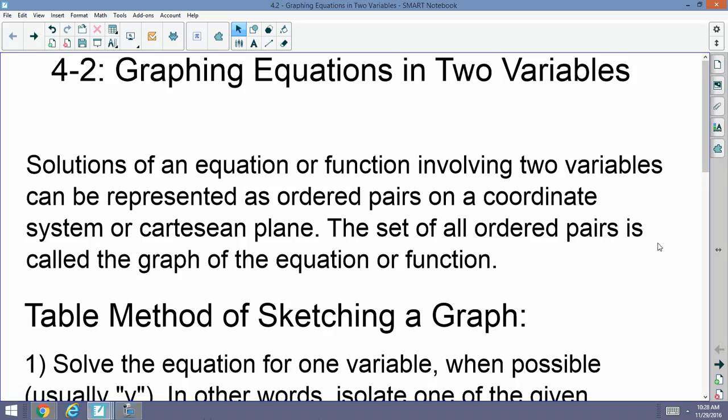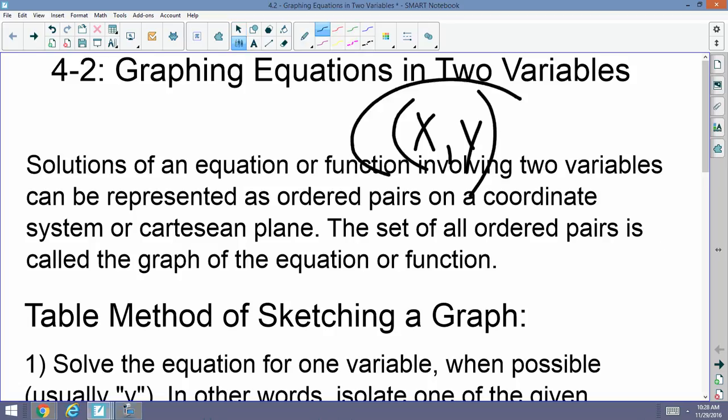That means that the solution to an equation is a point on that line. It's one of the solutions to that line. It's an ordered pair. And the set of all ordered pairs is called the graph of the equation or the function.